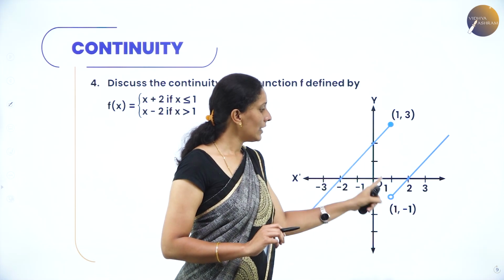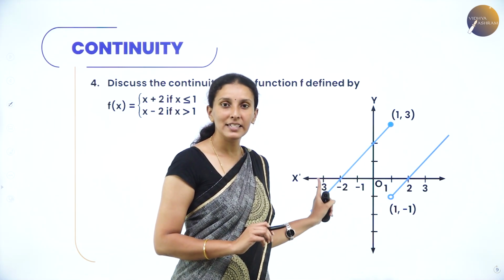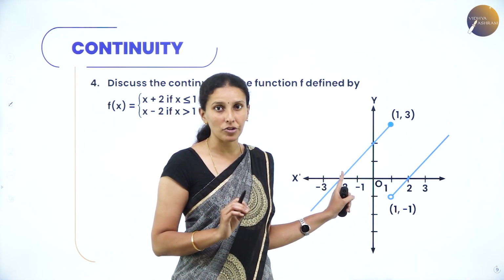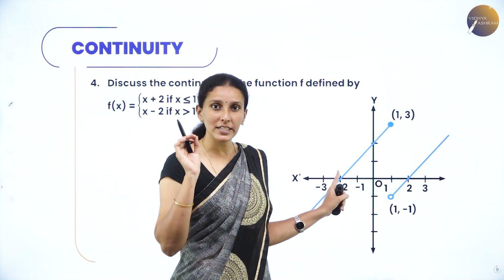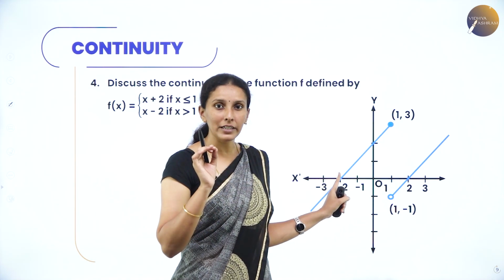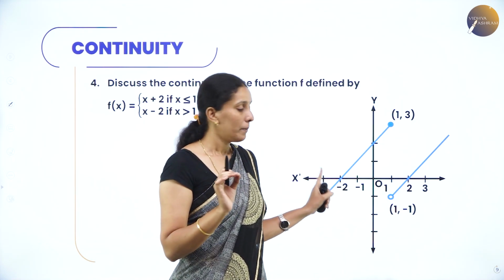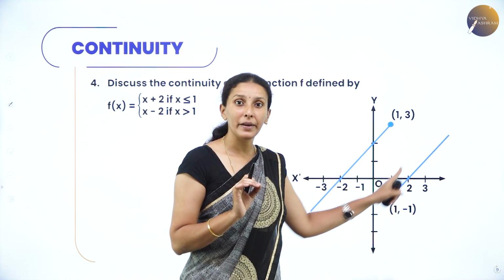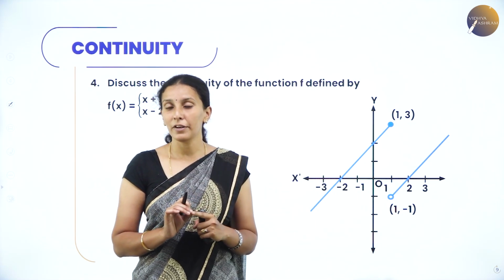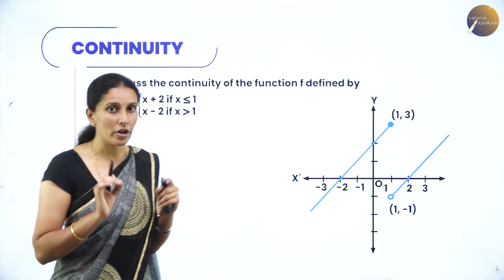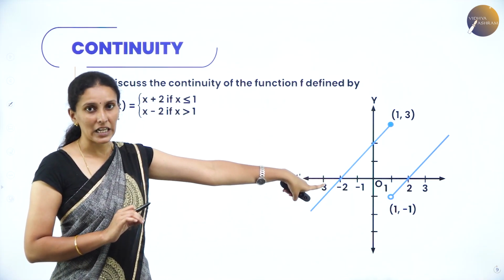And here clearly you can see by the graph, this is an example of a discontinuous function. Why? I have already told you, whenever a continuous function is defined, the graph can be drawn without lifting a pen. But here we have to draw two separate straight lines to define the function. So this is not an example of a continuous function, or we can say this is a discontinuous function.